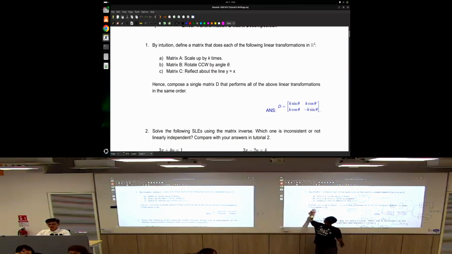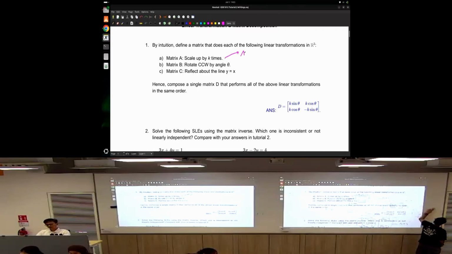So matrix A should be obvious, because you need to scale up by k times. Scaling up by k times means you just have a diagonal matrix where the diagonal entries are k.